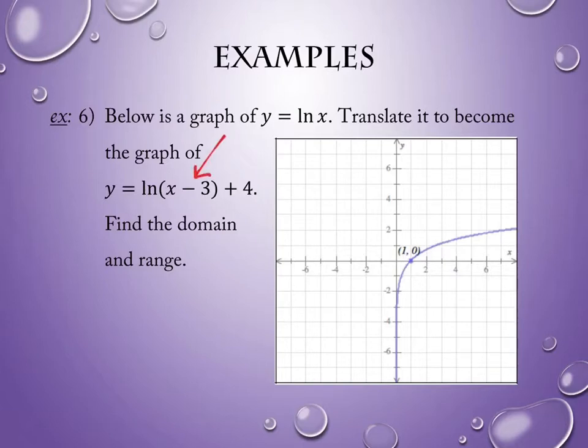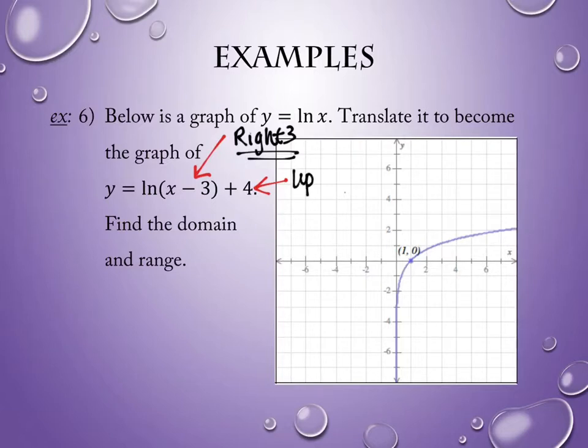So thinking about what we've done before, -3 on the inside, what does that do? It moves it right 3. Very good. And how about the 4 on the end?